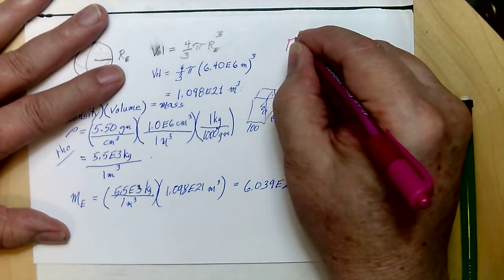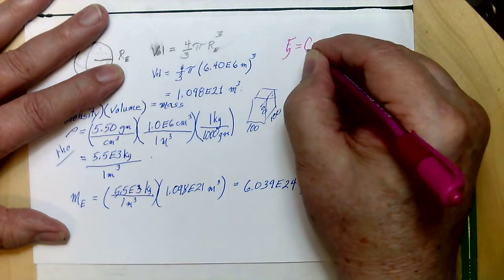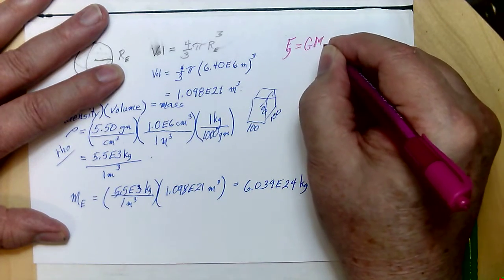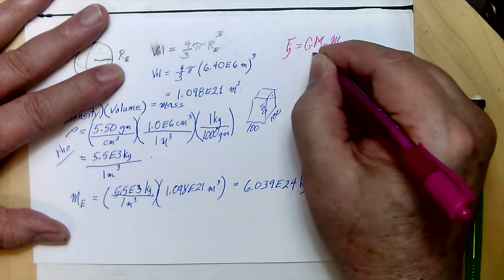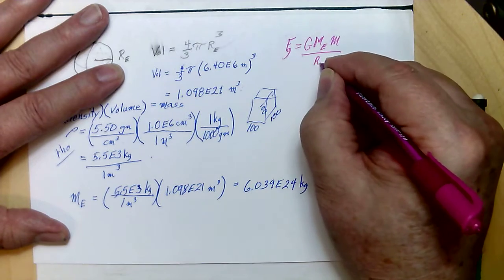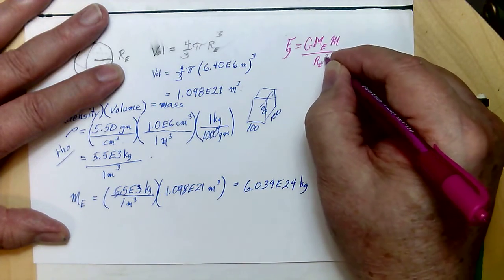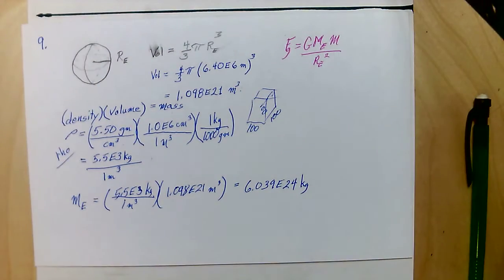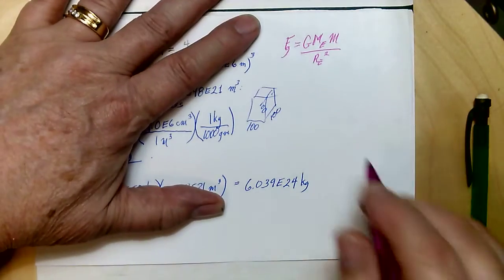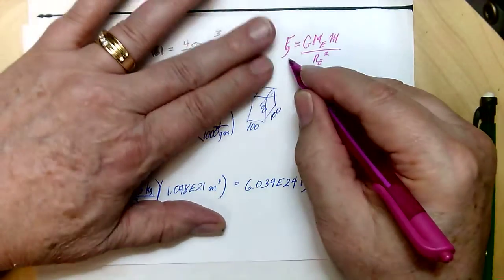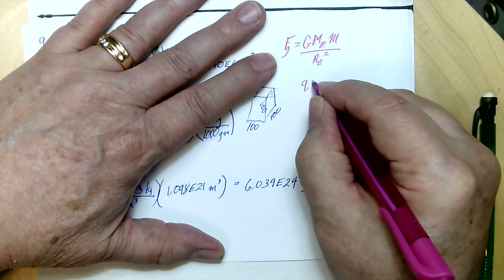All right. The logic is that since force due to gravity is G M_E m over R_E squared, we're going to do a substitution. Let's say that we have a mass of 1 kilogram, and that mass of 1 kilogram has a force of 9.8 newtons.